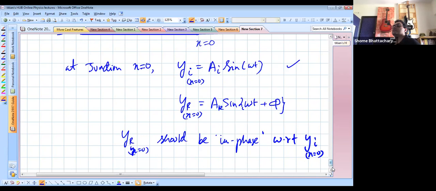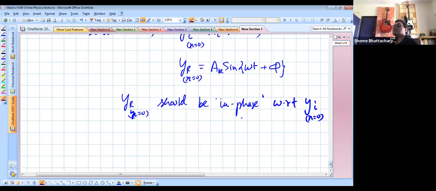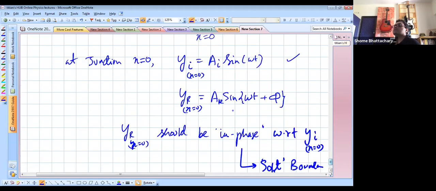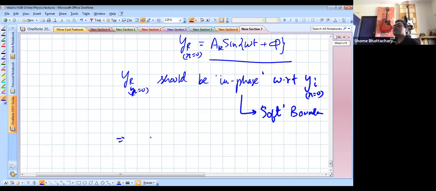Why should they be in phase? Because we are having a soft boundary for reflection. This term and this term should be in phase. So phi in general should be 2n pi, or in this case let's just take it as 0.